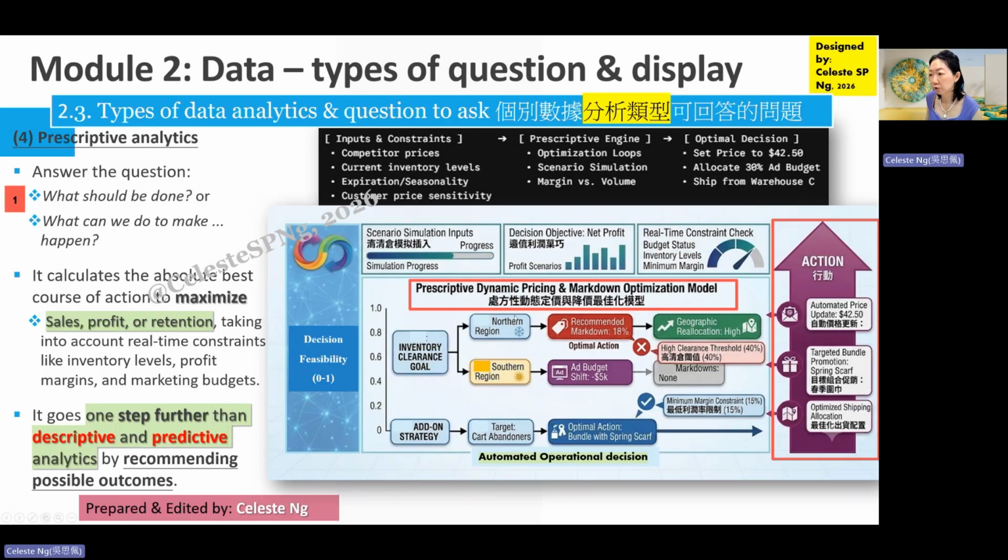We don't care about that. To simplify things, we just focus on an e-commerce company whose customers come from a northern region and a southern region, right? So now we are looking at a dynamic pricing and markdown optimization model based on our customer region and also based on our special case of cart abandoner.